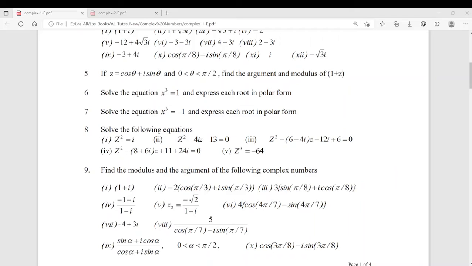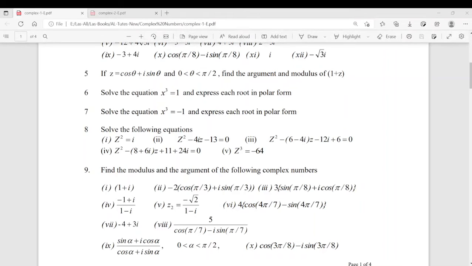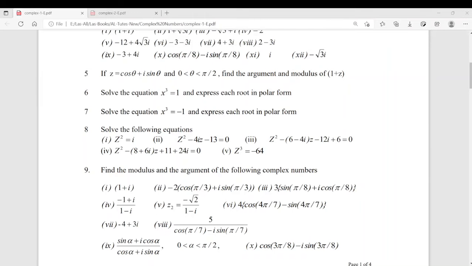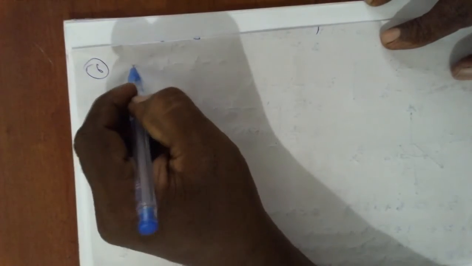Now you can do question number 6. Solve the equation x cube equals 1. Express each of the roots in polar form. Question number 6. x cube equals 1.